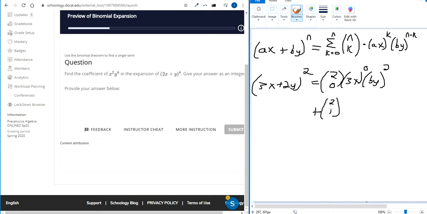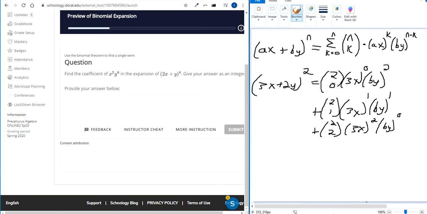So we did k equals 0, now we're doing k equals 1, so we have 3x to the first power times 2y. Now this is going to be 2 minus 1, that makes 1 here. And then we have 3x to the second, and then we have 2y to the 0.